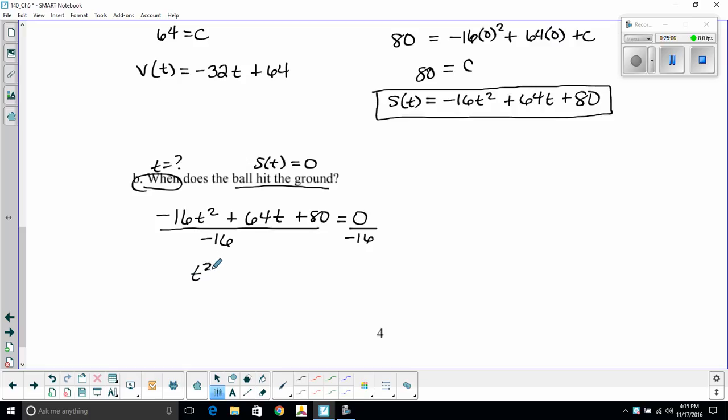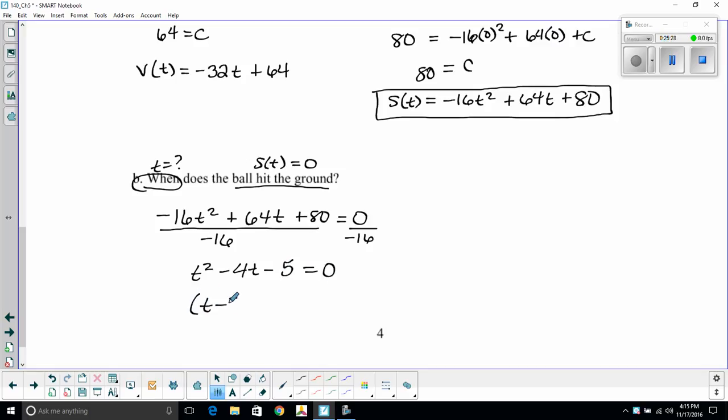So we get t squared, and then 64 divided by 16 is what? 4? Yeah. So minus 4t, and 80 divided by 16 is 5. So minus 5 equals 0.